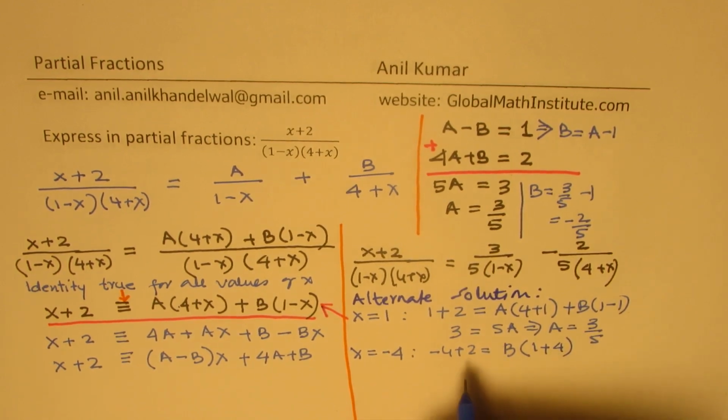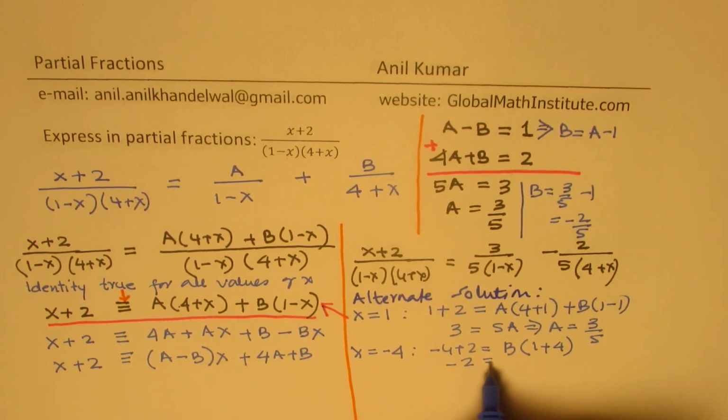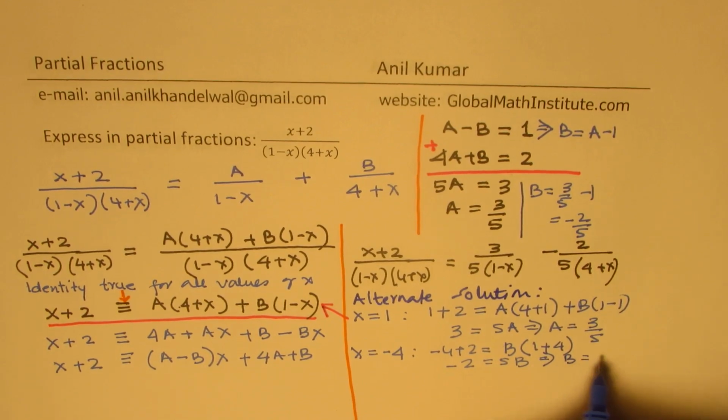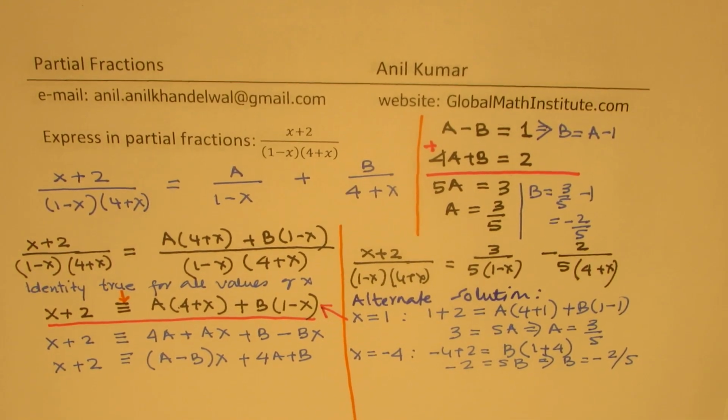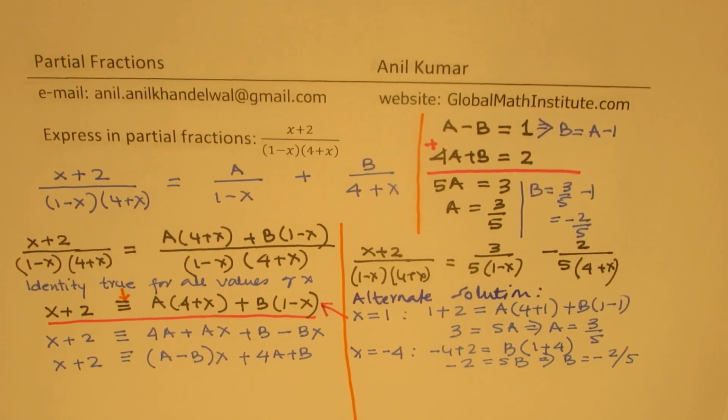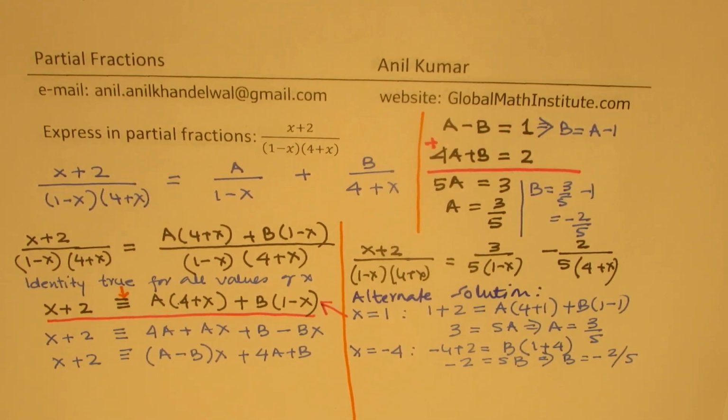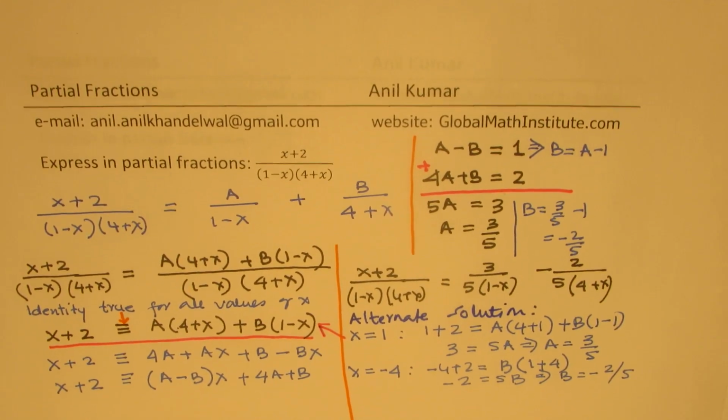So 5b, right? So here you get minus 2 equals 5b, and that gives you the answer that b is equal to minus 2 over 5. Is that clear to you? So that's an alternate method which can always be utilized to solve such an expression. I hope it makes sense.